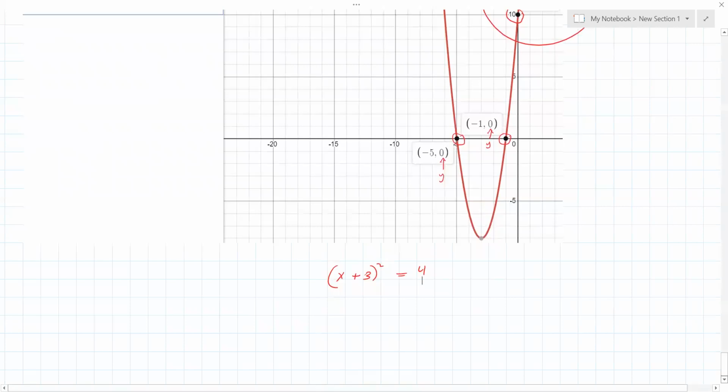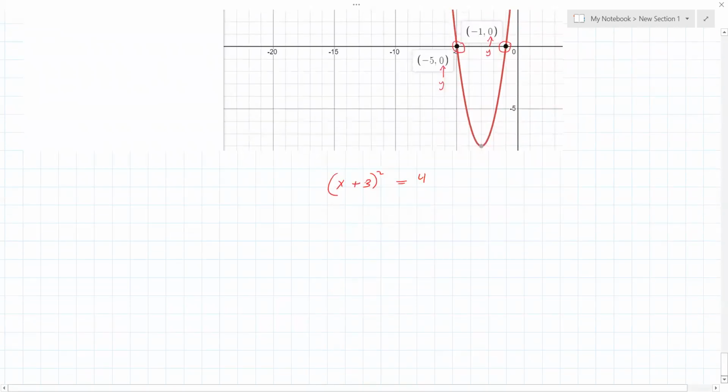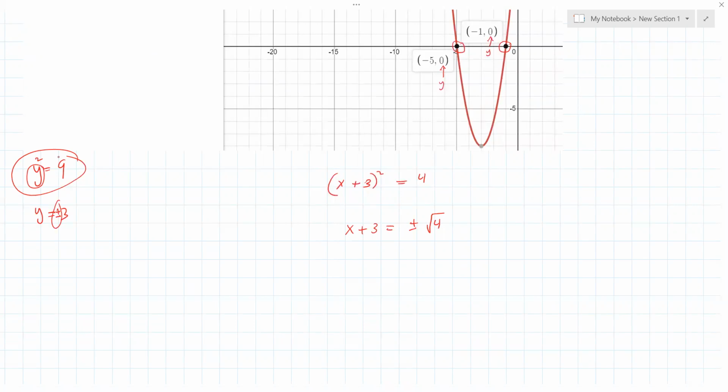Let me apply the square root to both sides. But keep in mind, if you apply the square root to both sides, we need a plus or minus on the other side. Because in general, if we have y squared is equal to 9, the answer is not just 3. The answer is also negative 3, because if y is 3 or negative 3 and you square it, you get 9. That's why you need plus and minus. That's why I need plus and minus here.